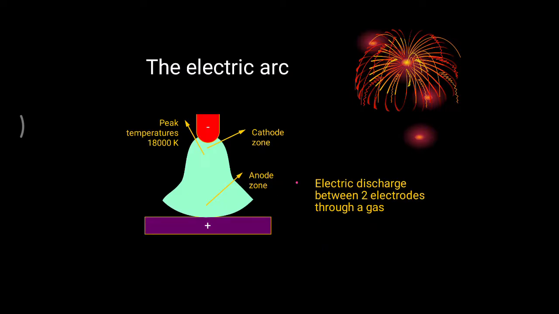This is the electric arc that is discharged between the two plates. One is negative and one is positive. The next slides will give you a clear picture of that.